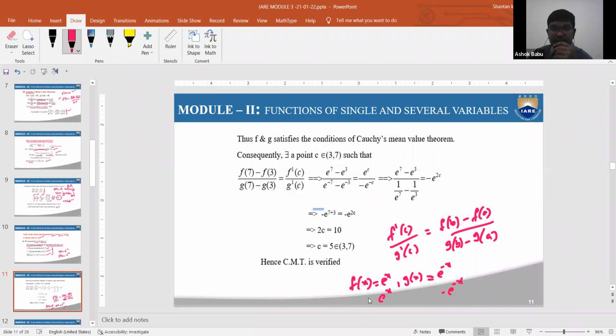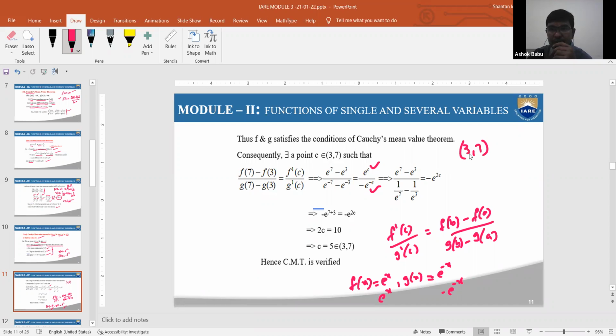Therefore, we require f dash of c, that means e power c. On the right side, e power c. And g dash of c is minus e power minus c. On the other side, f of b: remember that a comma b, the given limits, are 3 comma 7.